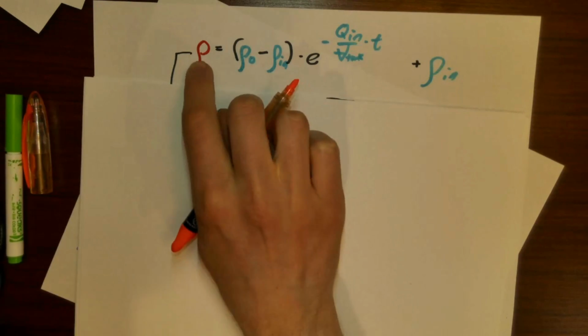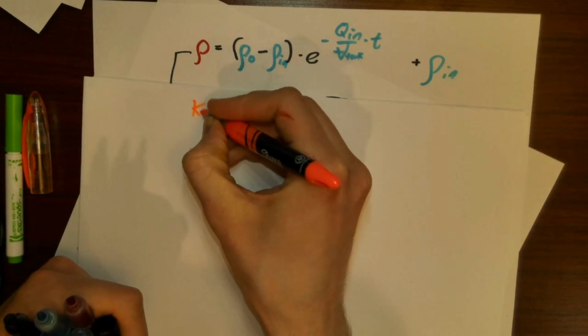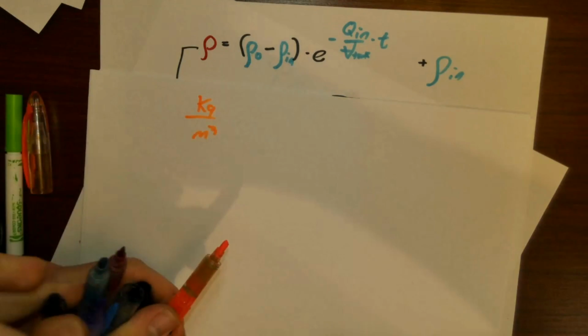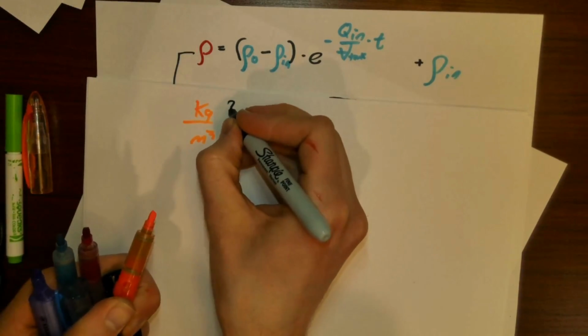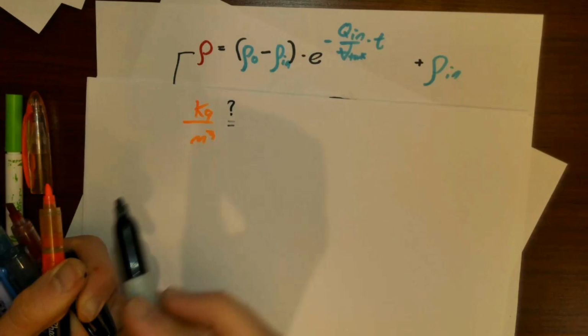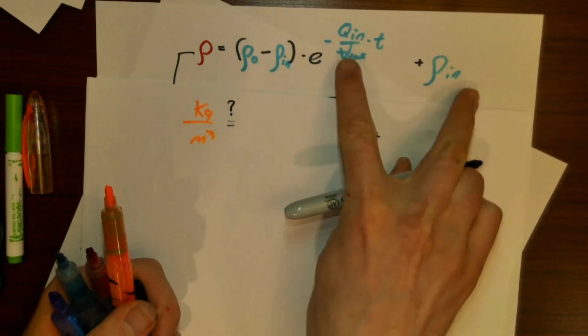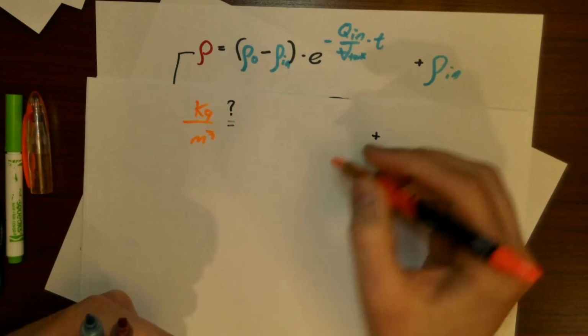So I'm just going to look at my final result here, and we'll talk about units. Density should have units of kilograms per cubic meter, and we want to see if this is equal to what I get on the right hand side. Well, the two terms that I sum on the right hand side should both have units of kilograms per meter cubed, right?